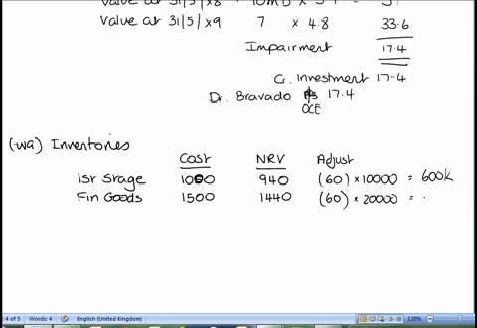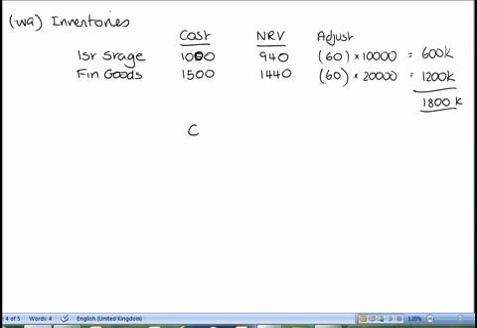So that's 600k and 1,200k, which gives us an adjustment of 1.8 million.